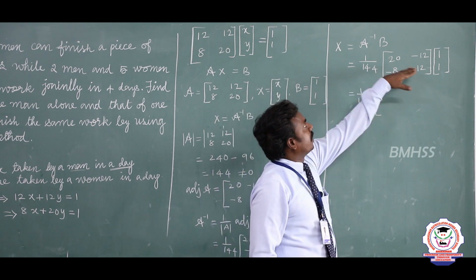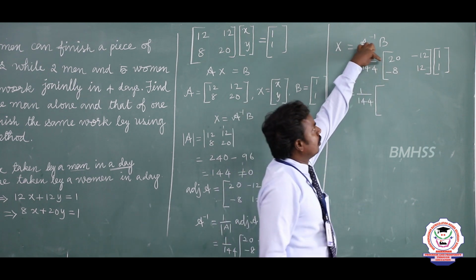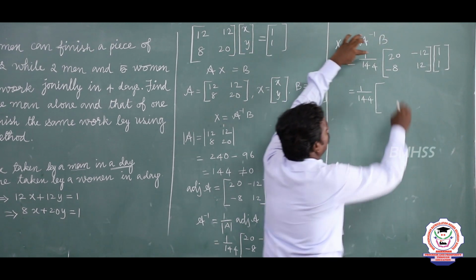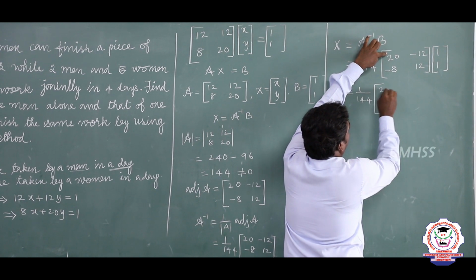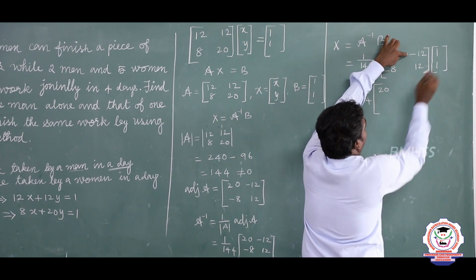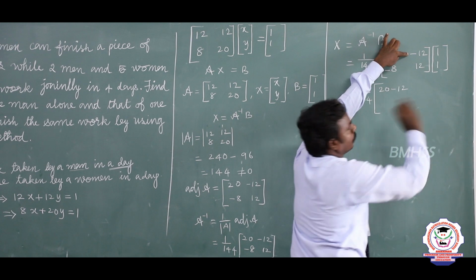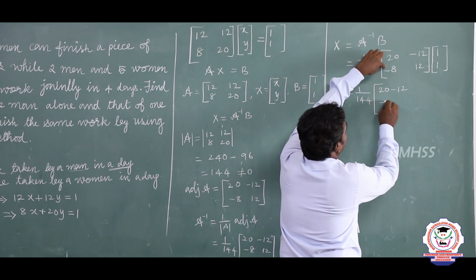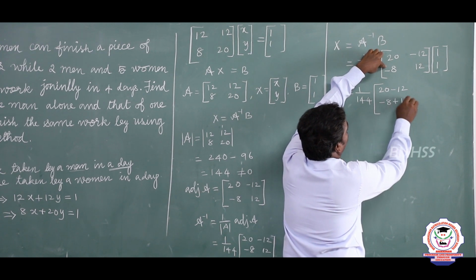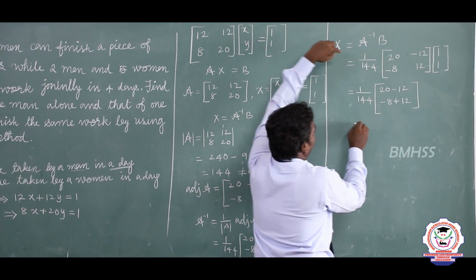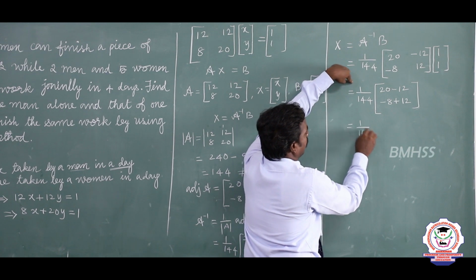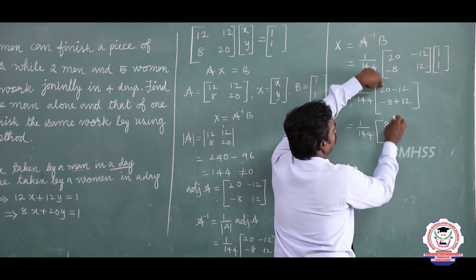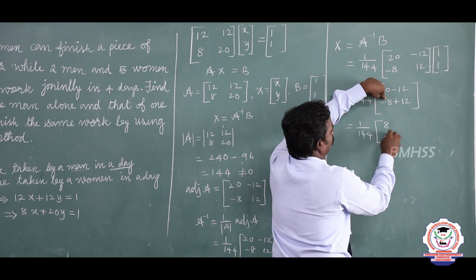The first row of the first matrix operates on that column matrix: 20 into 1 is 20 and minus 12 into 1 is minus 12. So first row over. The second row operates on the column matrix, minus 8 plus 12. After simplification, 1 by 144 into 20 minus 12 is 8, and minus 8 plus 12 is plus 4.